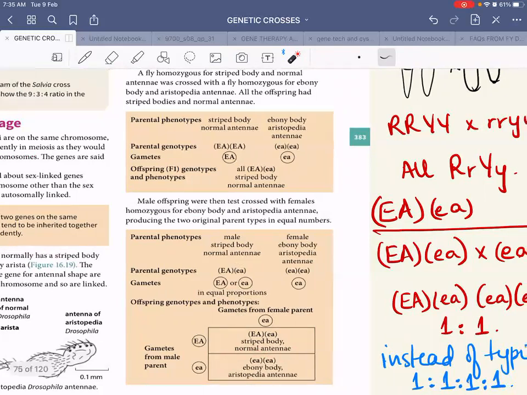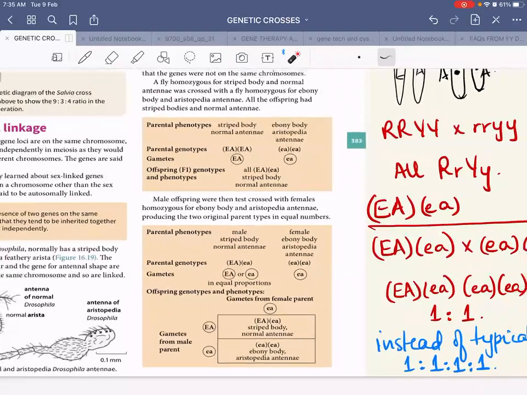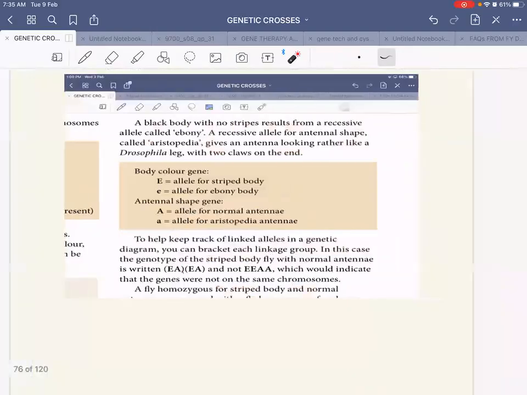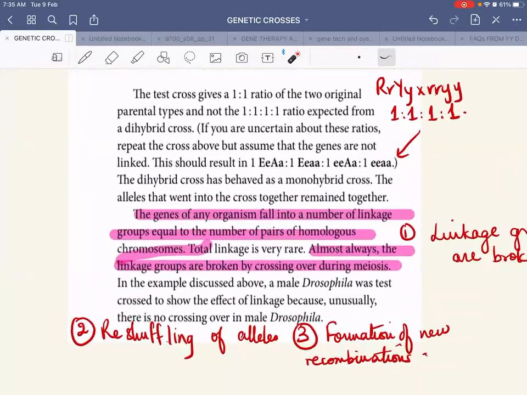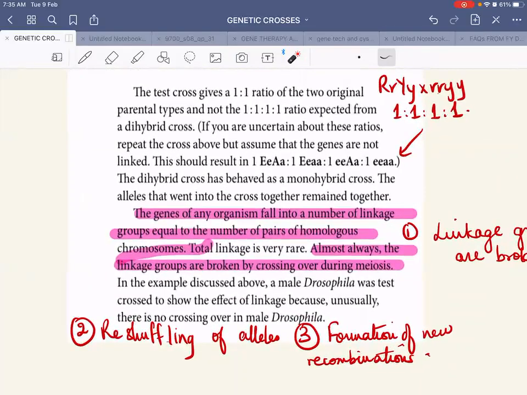So having said that, we had made some conclusions. These were the conclusions: since this is not following the typical dihybrid ratio, we don't get the typical ratio of 1 is to 1 is to 1 is to 1, and we get a ratio of 1 is to 1 only. So this means that instead of the dihybrid ratio, we got a monohybrid ratio, right?